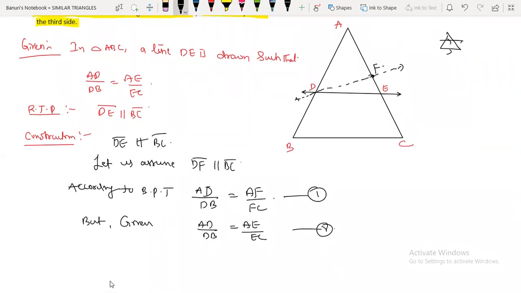So this RHS is true only when F coincides with E, then AF by FC is equal to AE by EC. So when F coincides with E, then DE is parallel to BC, it will be proved. So this is the way we can prove the converse of the basic proportionality theorem.